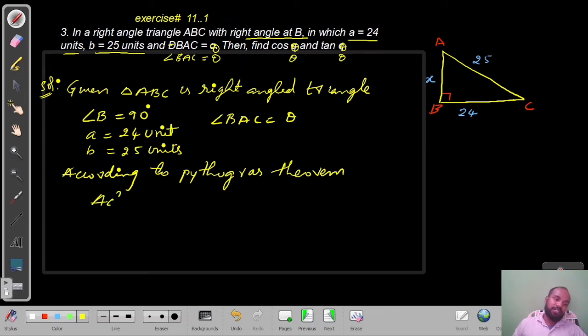AC square is equal to AB square plus BC square. Okay, AC square equals AB square plus BC square.